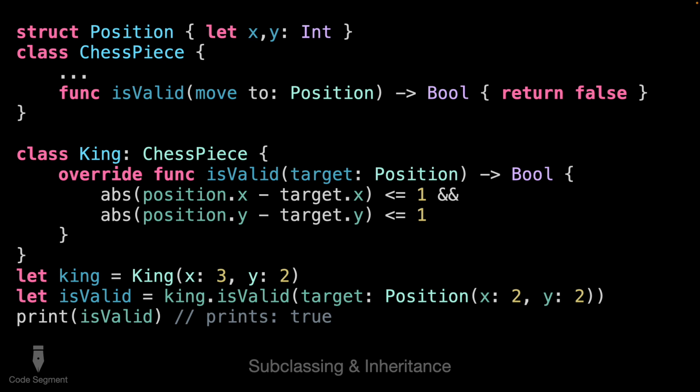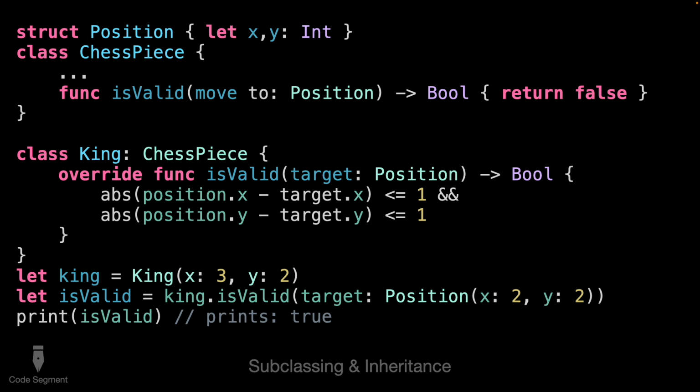So when you use this colon syntax after a class definition, you are saying, hey, whatever type comes next is another class that I'm going to be a subclass of, okay? That's going to be my superclass. I'm going to inherit all of its stored properties and functionality.